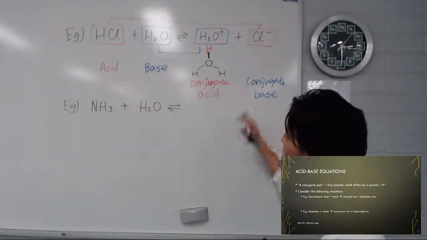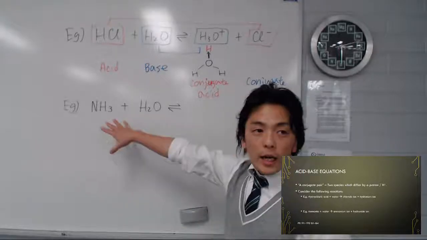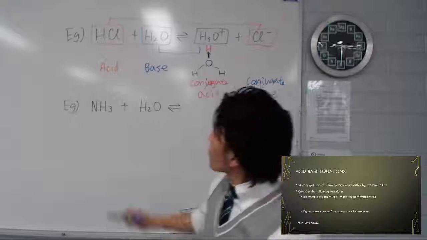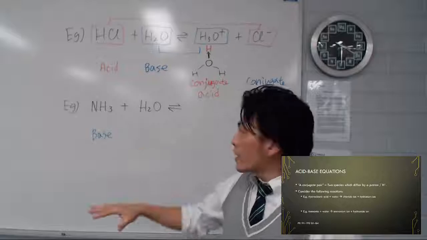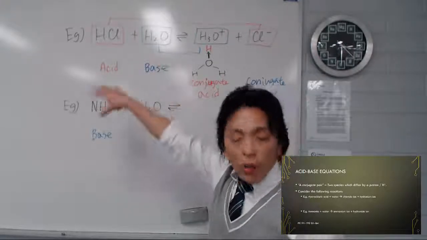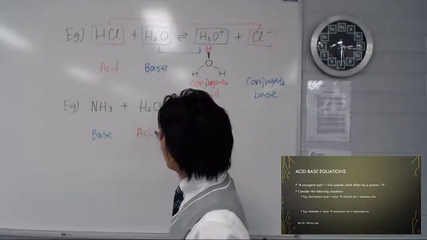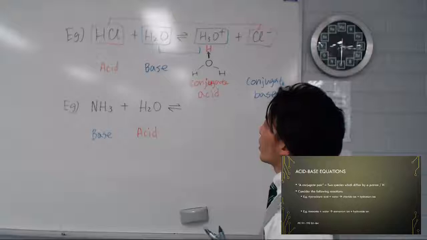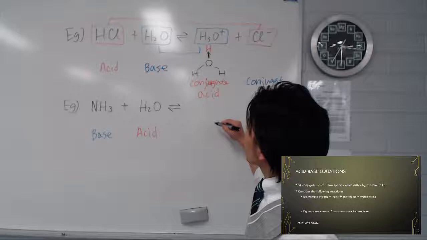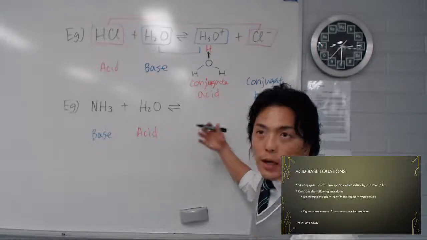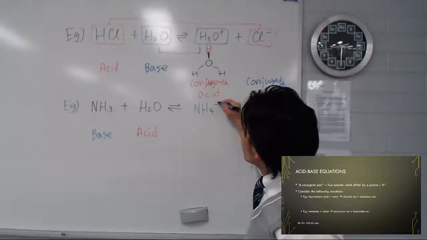Okay. Now, let's just identify what's what. Ammonia is something that can accept a proton, so this will be a base. Now, if one is the base and something is donating a proton, water is acting as an acid. As the product of the forward reaction, what you would expect is NH3 plus one extra proton, so NH4 plus.